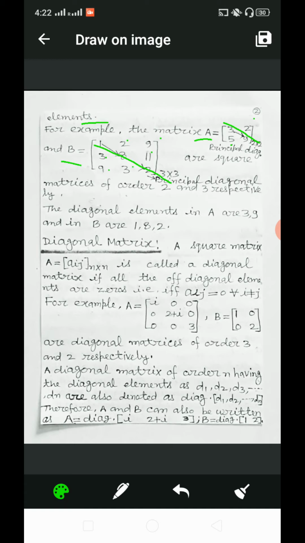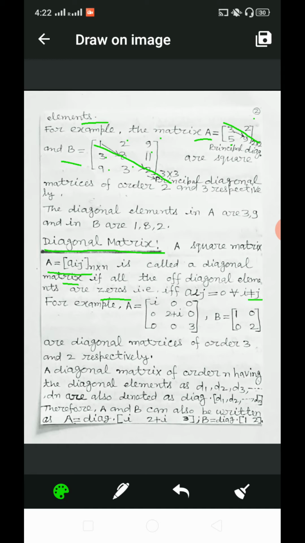Now we discuss the diagonal matrix. A square matrix A equal to aij of order n by n, means of order n, is called a diagonal matrix if all the off diagonal elements are 0. That is, if aij is equal to 0 for i not equal to j.